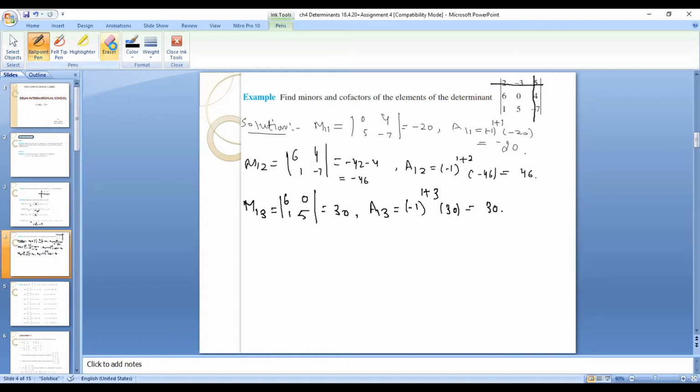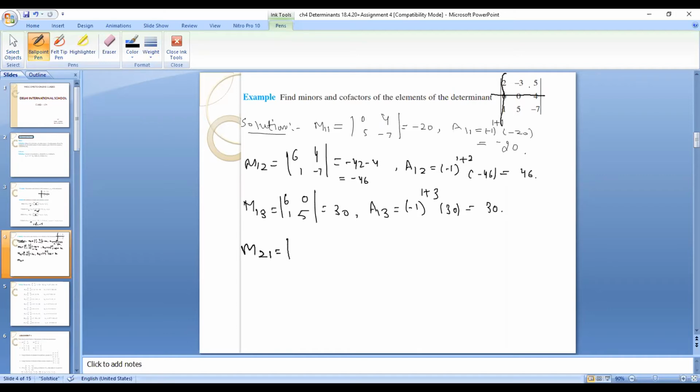Then we will be calculating M21. M21 will be second row first column.